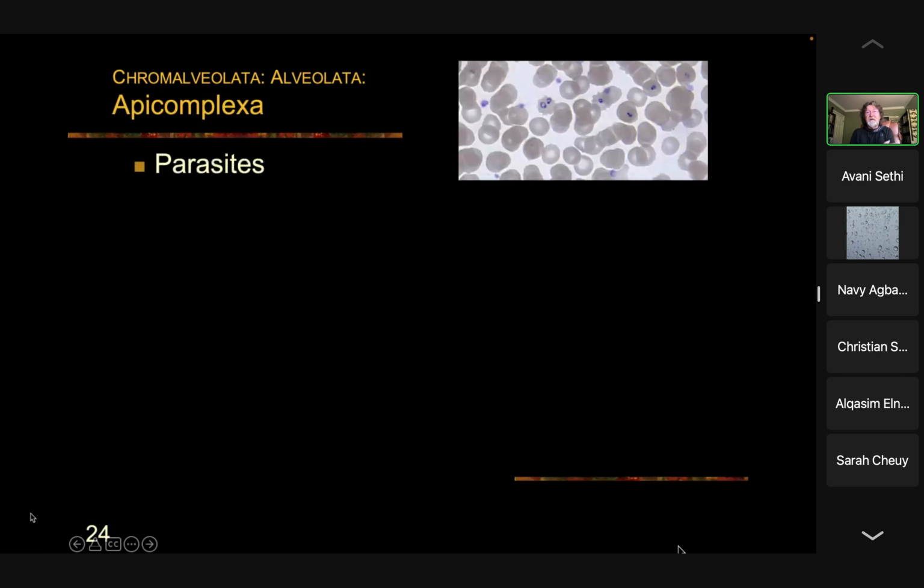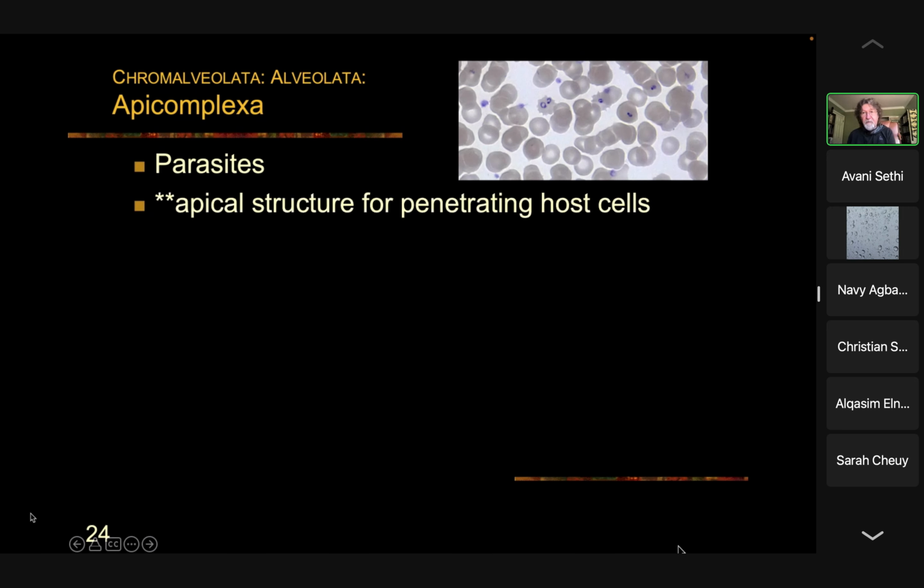These are only found as parasites in animals, and there's a wide variety of them. For example, some cats will have a disease called toxoplasmosis, which sometimes can be transferred to humans, and that's due to an apicomplexan parasite. But the parasites most well known in the apicomplexa are those that cause malaria.